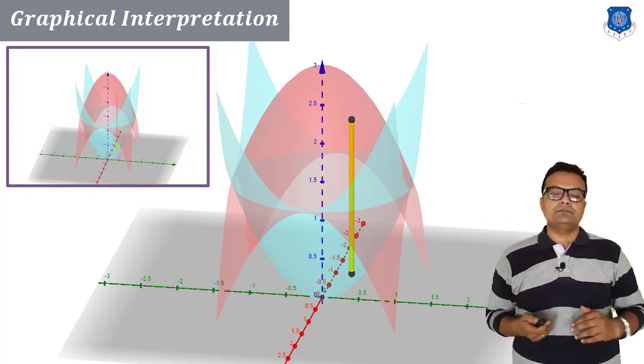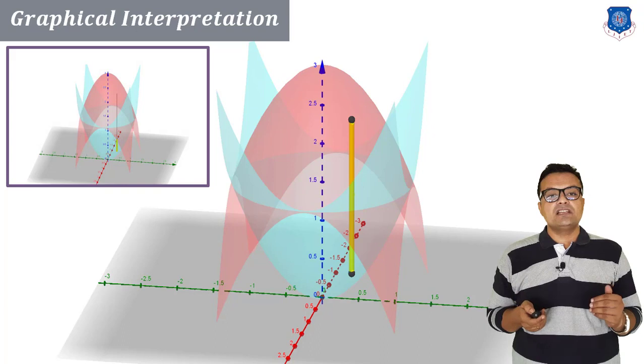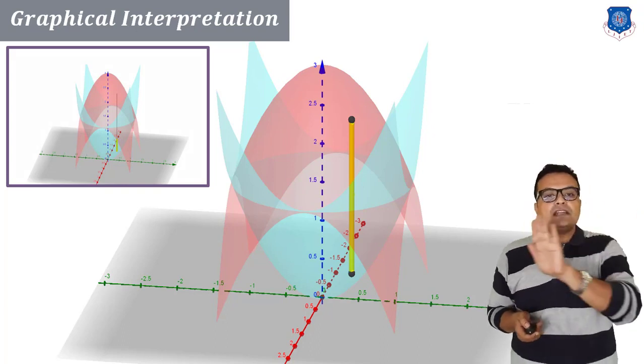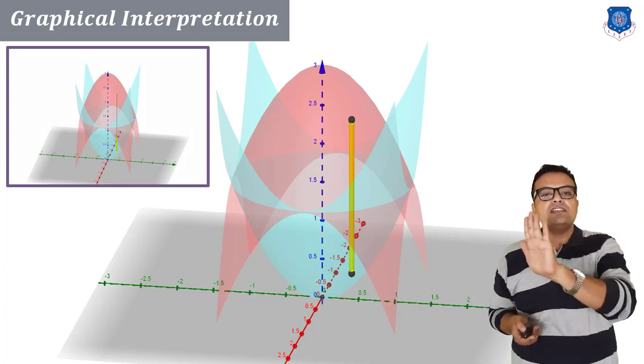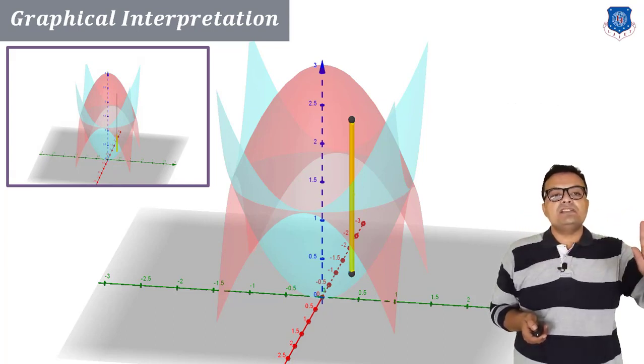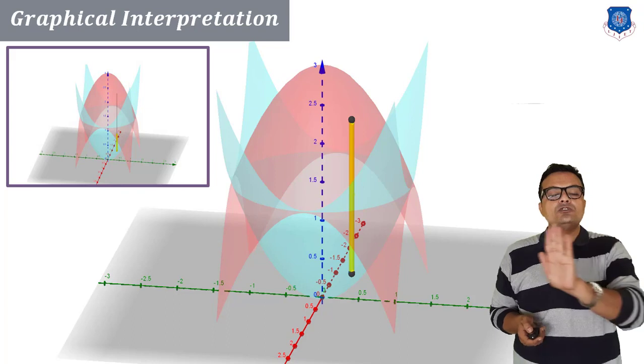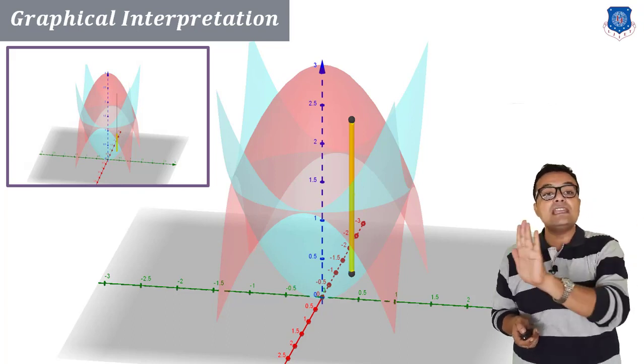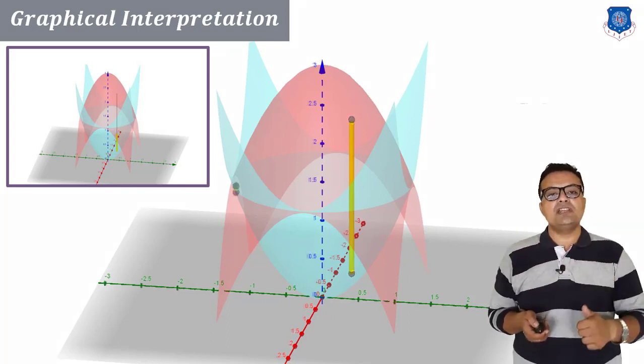Now the second step is I will move this line parallel to the y-axis. As I know that x is represented by the red color, that means now I will move parallel to the green axis. So y is changing, x is remaining fixed.